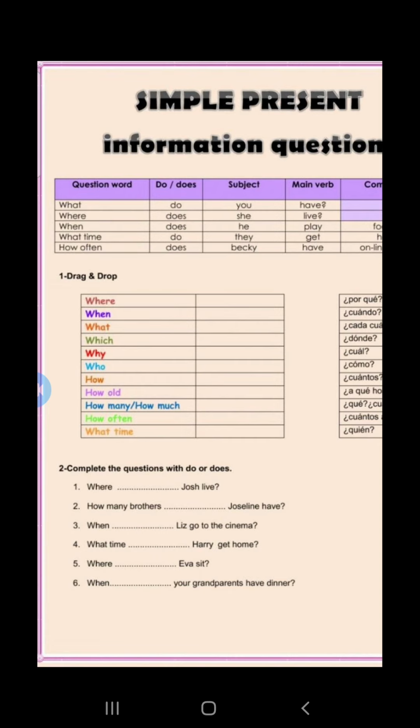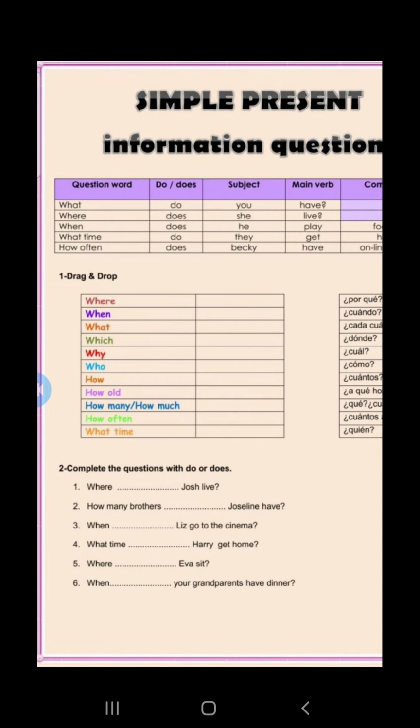Before that, do. Now there is an example, an interrogative question: do you run fast? So we have to add these informative question words before that interrogative question. Do you run fast? Why do you run fast? Why is an informative question.